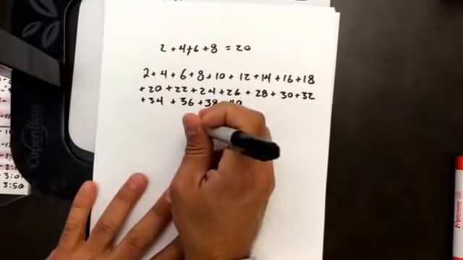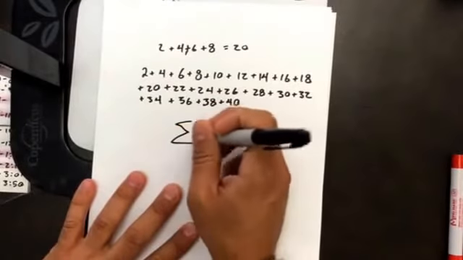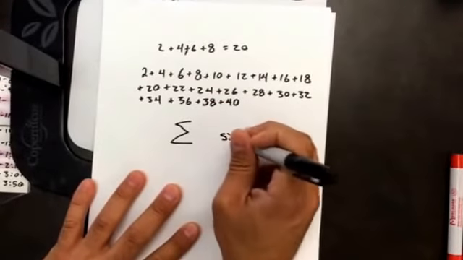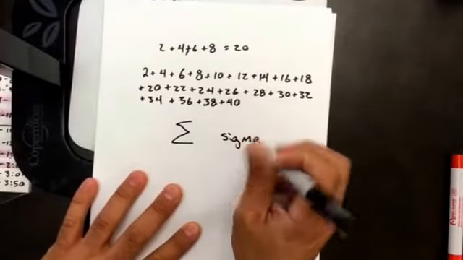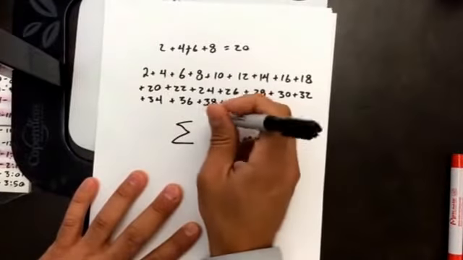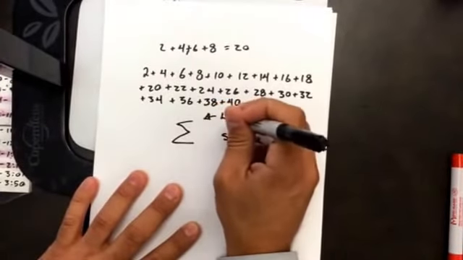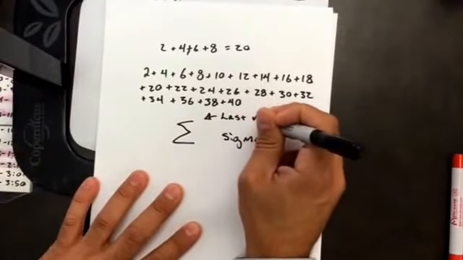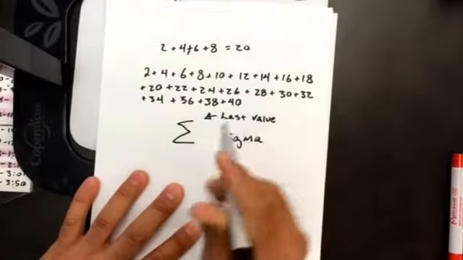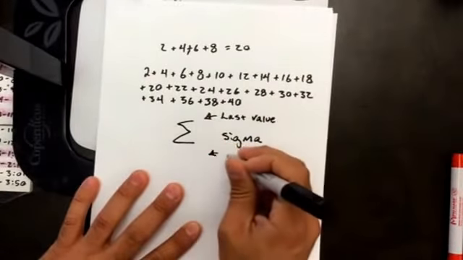And we use this symbol right here, which we call sigma. On the sigma, you're going to put the last value and the first value.